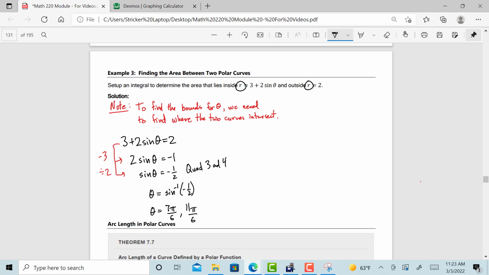So we can go ahead and notice the directions here just said to set up. So our area is going to be 1/2 of our integral from negative pi over 6 to 7 pi over 6. And now because it's between two curves, just like we did with rectangular systems, we need to subtract the outer curve minus the inner curve.